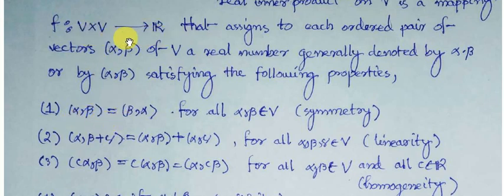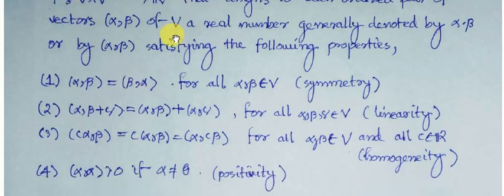That means the functional value of alpha beta under the function f and the functional value of beta alpha under this function f will be equal real numbers.